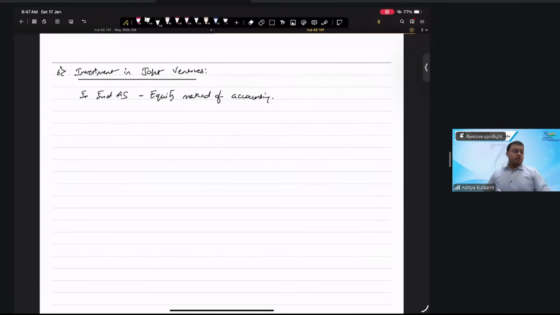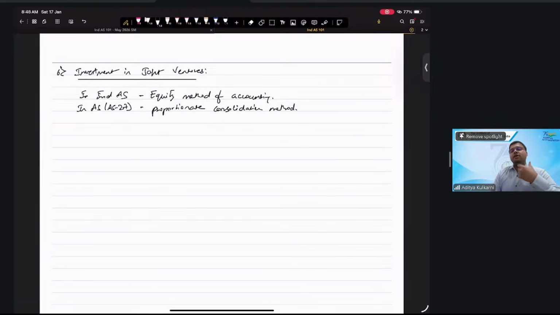Okay. Now under AS, in AS 27 to be specific, joint ventures were accounted for using the proportionate consolidation method.